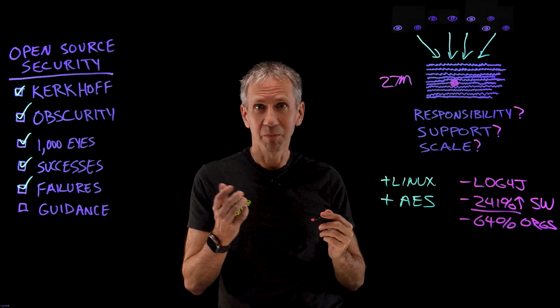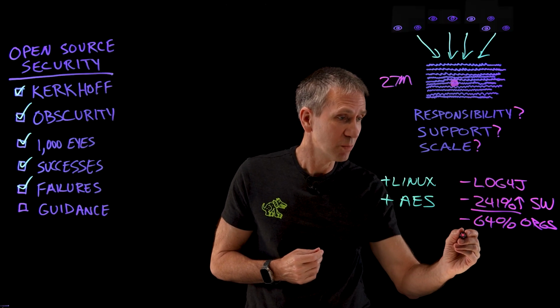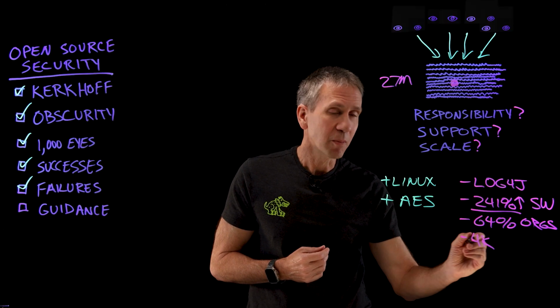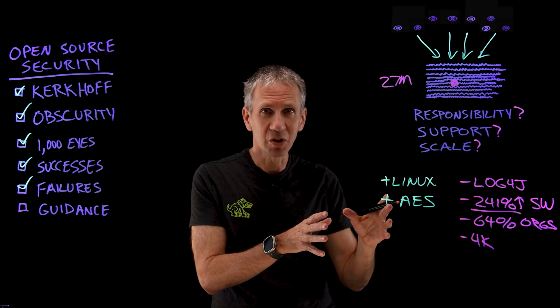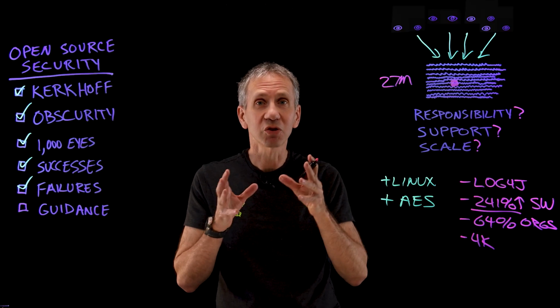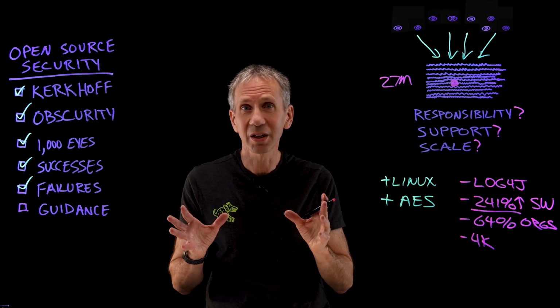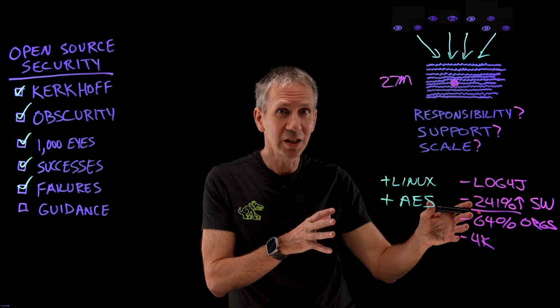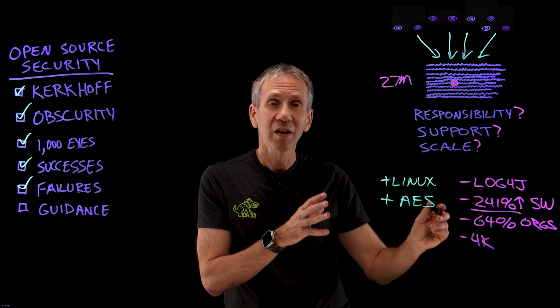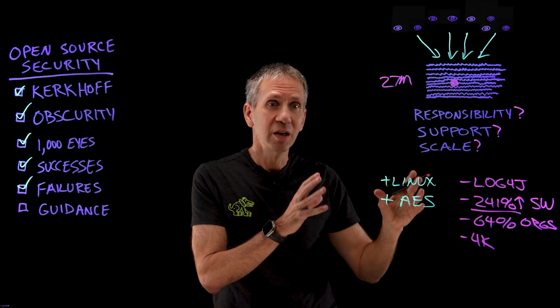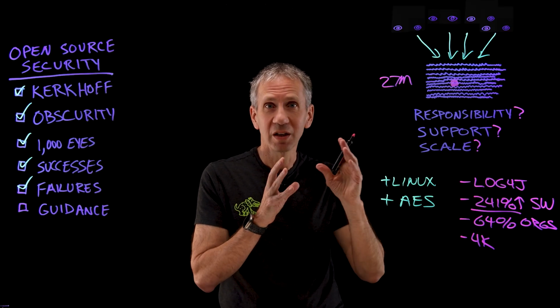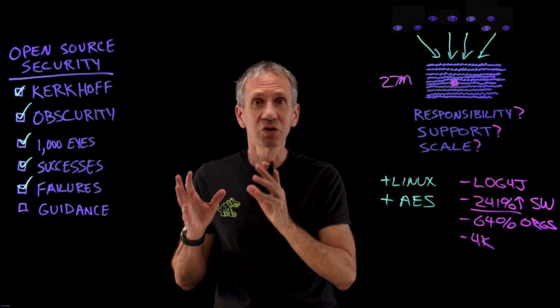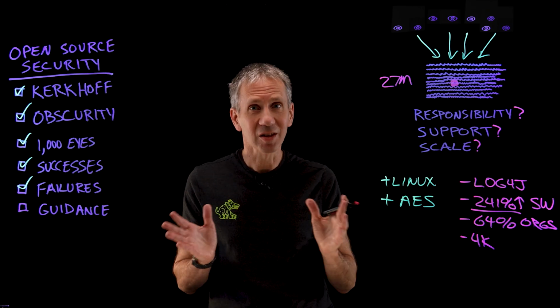Now, another bit of information that we had from one report is that coders will sometimes encode secrets directly into their source code. What kind of secrets do I mean? I'm talking about passwords, I'm talking about crypto keys and things like that. They found in analyzing code that there were 4,000 secrets embedded directly into source code. That's a lot.